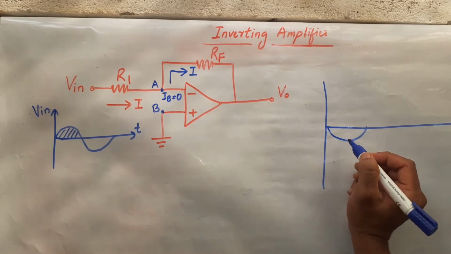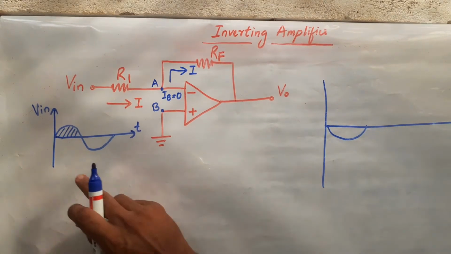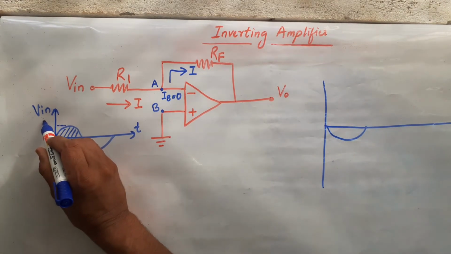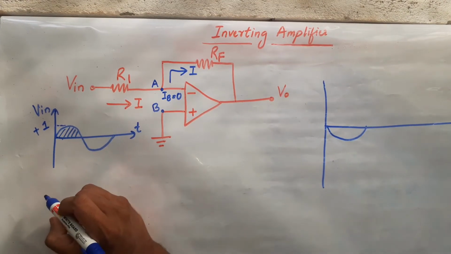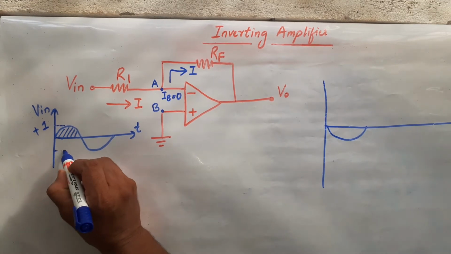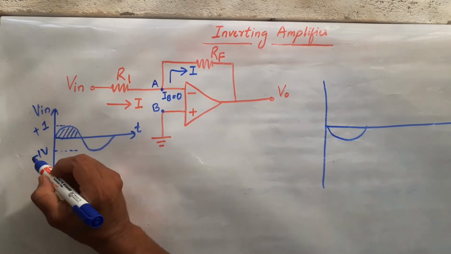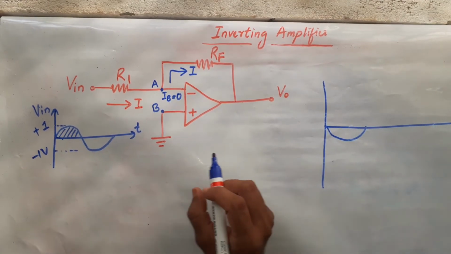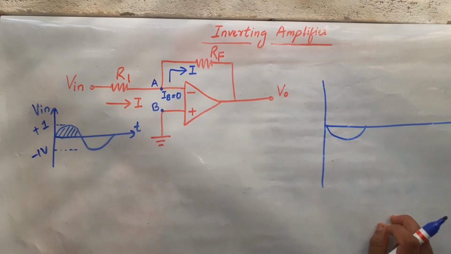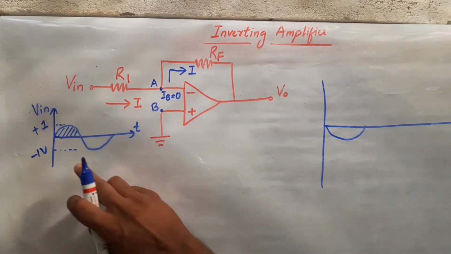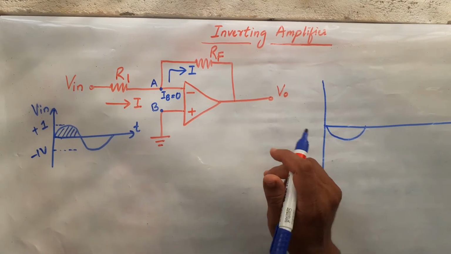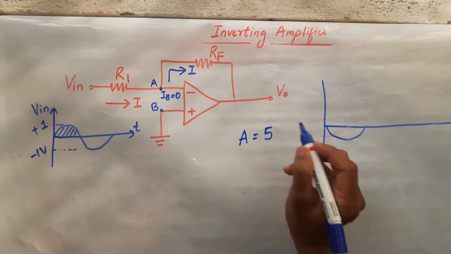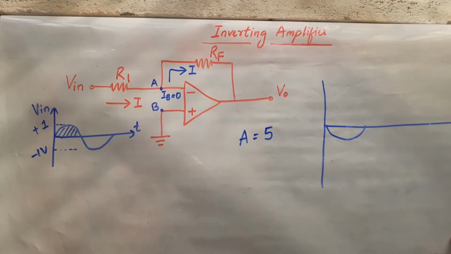But one important thing is, if here amplitude is plus 1 volt input side, and here minus 1 volt, means you have applied an input of plus or minus 1 volt peak. When this input is applied here, if your gain of the op amp is, let me consider, assume 5 is the gain.